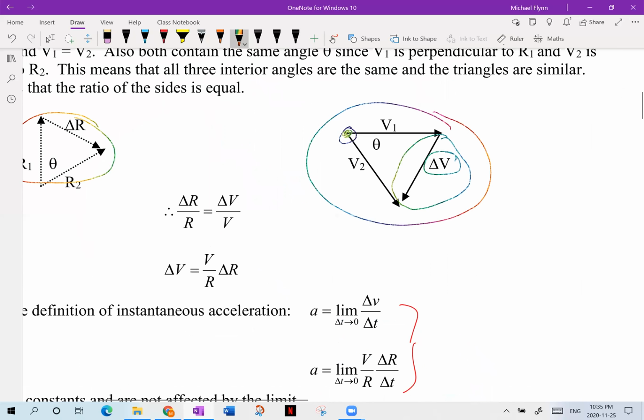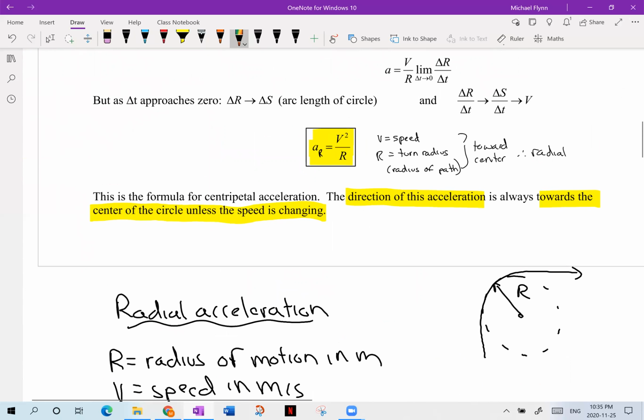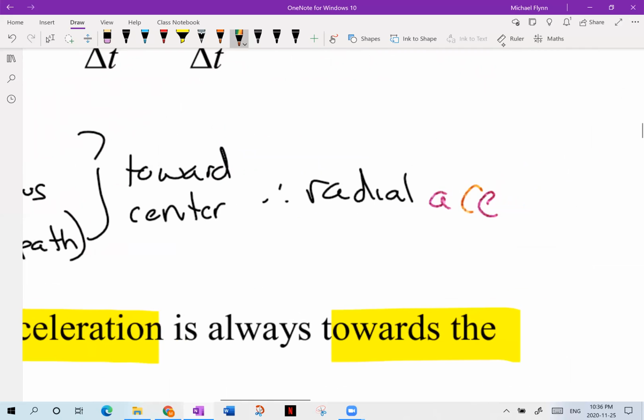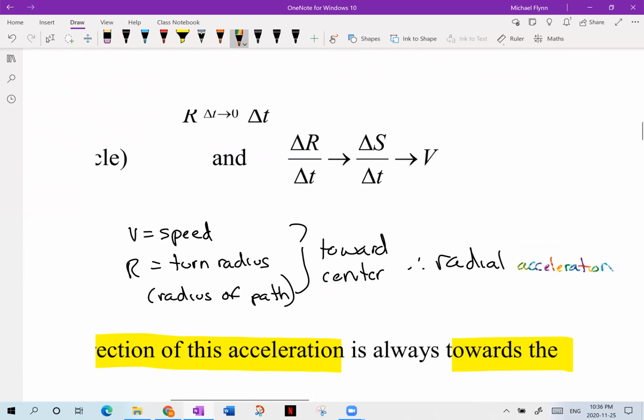All right, so we call this radial acceleration. Oops, gosh, that was horrible. Let me fix that. Oh, is it giving up on me? Okay, radial acceleration. There you go. So what have we learned here so far?